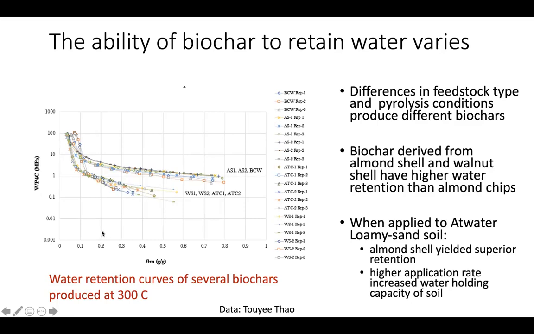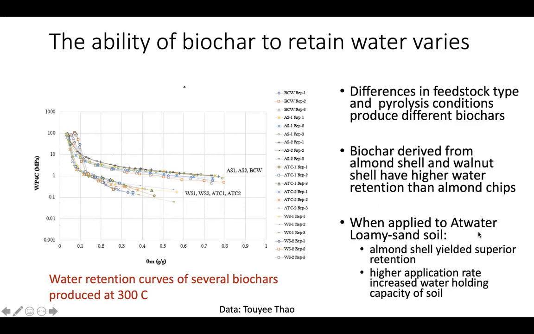So this is just one example showing a water retention curve of several different biochars. And you can see a separation here. These biochars made from almond shells tended to have a higher water retention than those made of walnut shells or almond clippings.